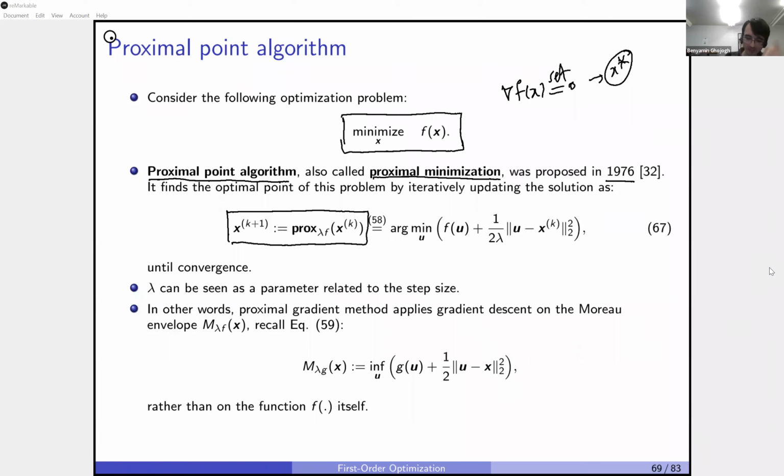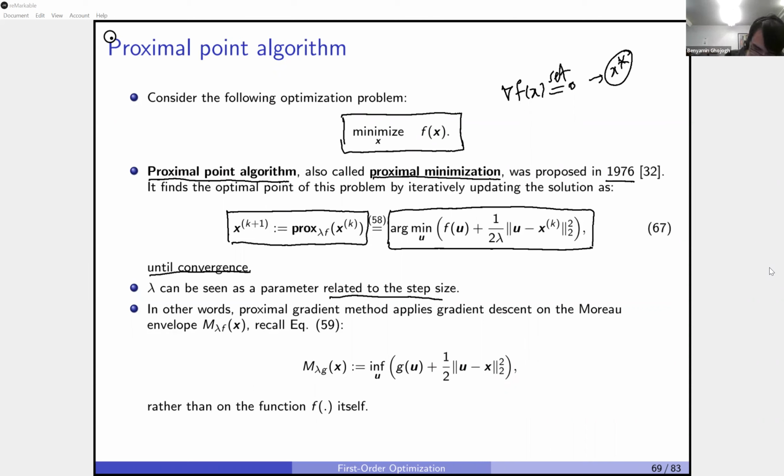According to the definition of the proximal mapping, it's this. We do it until convergence, until x k plus 1 gets very close to x k. And lambda can be seen as a parameter related to the step size. It's very similar to gradient descent, as you see.